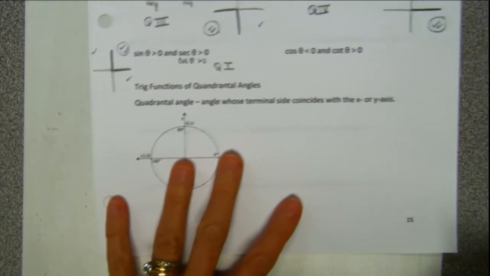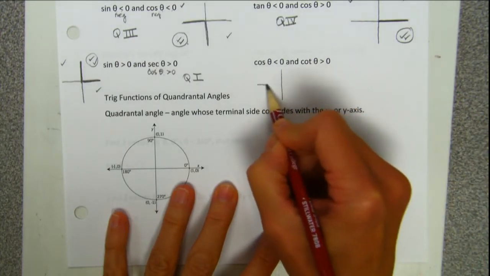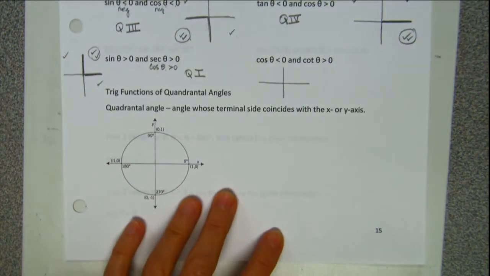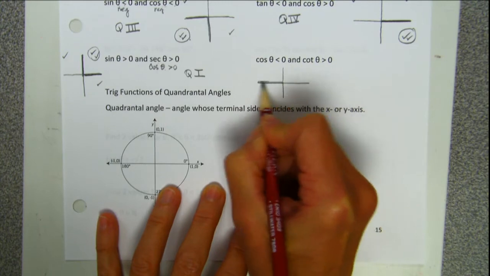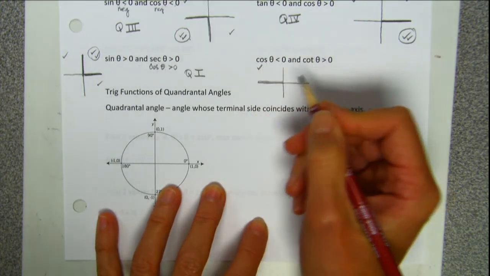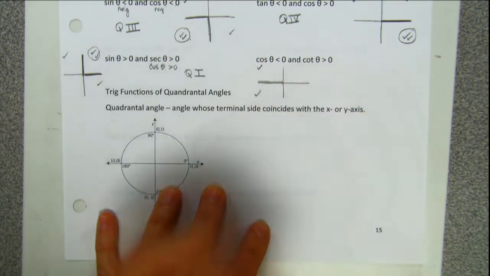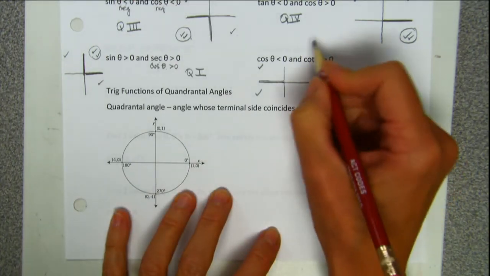All right, last but not least, have y'all already done this one? It's fine by me. Cosine is negative. Cosine is your x's. Your x's are negative right here, that would be points up in quadrant 2 and points down in quadrant 3. Cotangent is positive.